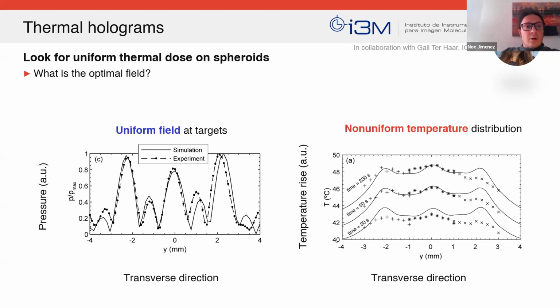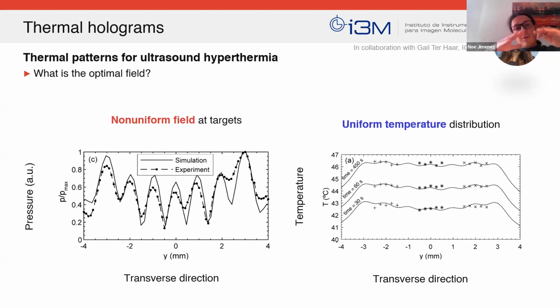So we wanted to use a non-uniform field, but to produce a uniform temperature distribution, which is another level of optimization, let's say. So using these holograms, we not only control the acoustic field, but we also control the uniformity of the temperature distribution all around the target.